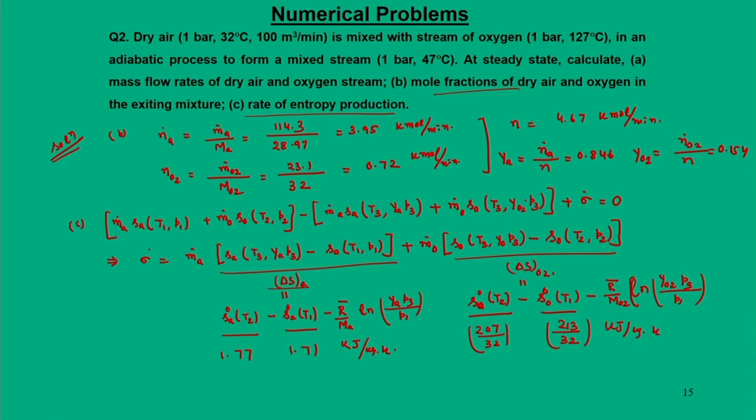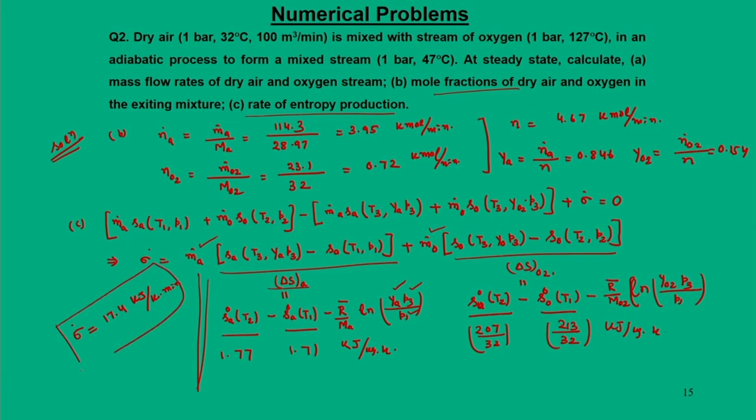What we already know, MA and MO from our earlier data, P3 and YA, P3 is known, P1 is known. So by inserting these values we get sigma dot as 17.4 kilojoule per Kelvin minute.